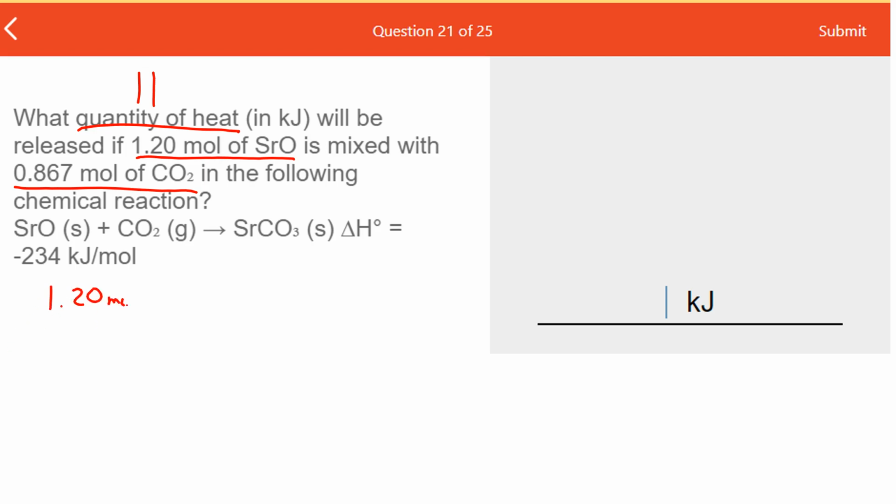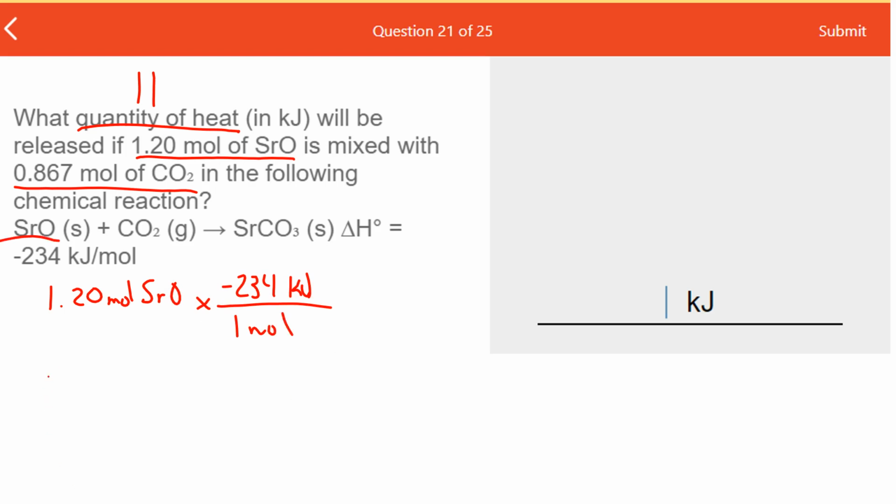1.20 mole of SrO. All right, because there's a coefficient of 1.